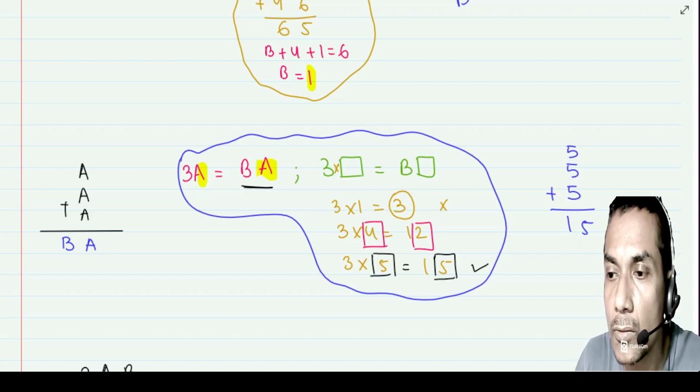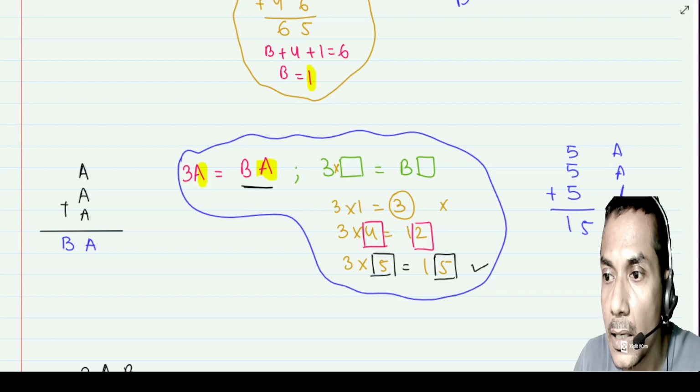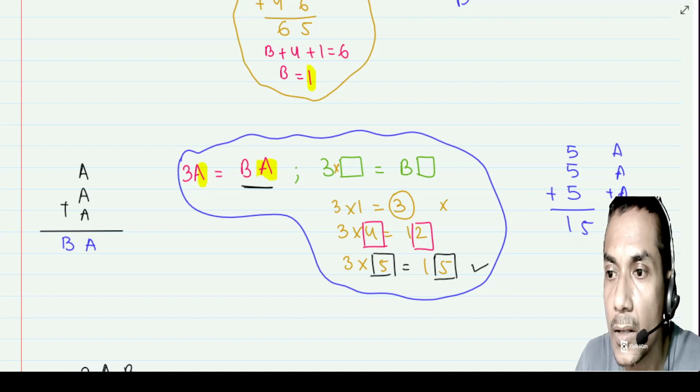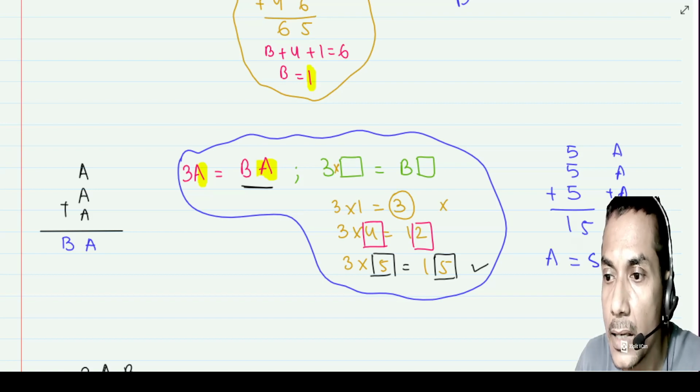So all the conditions are satisfied here. So the box value is 5, means A is 5 and B is 1. So this is the correct answer.